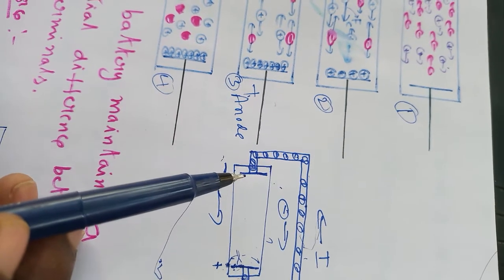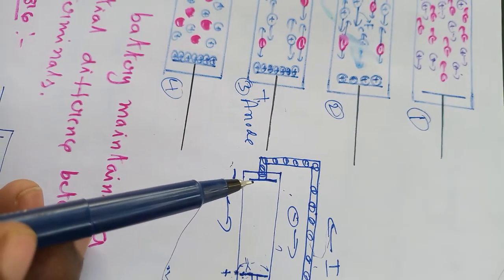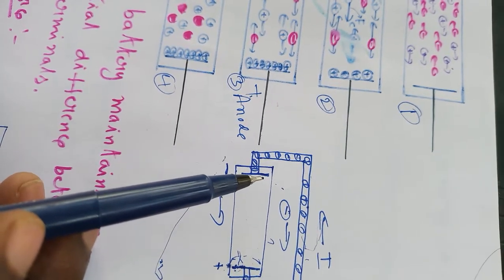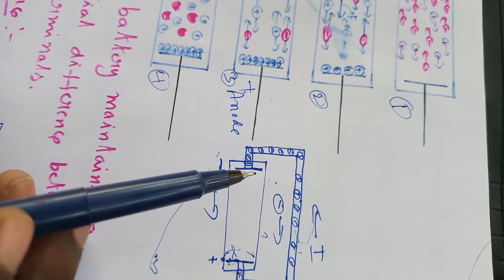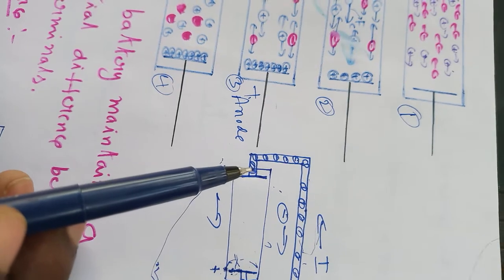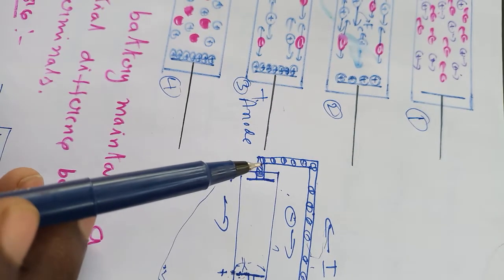And here, because of a high repulsion between the electron and already accumulated electrons, this negative terminal pushes the electron into a conductor.